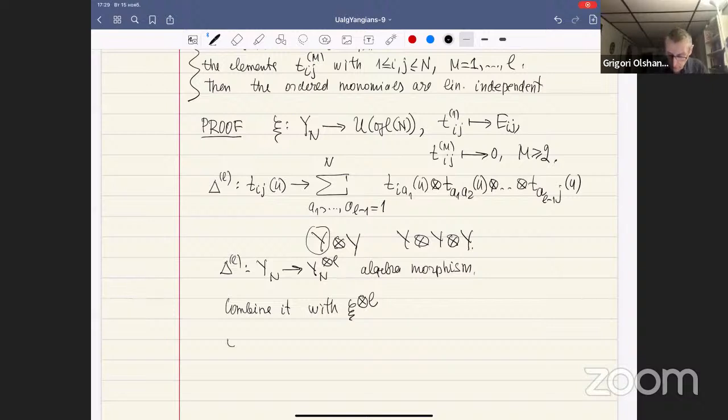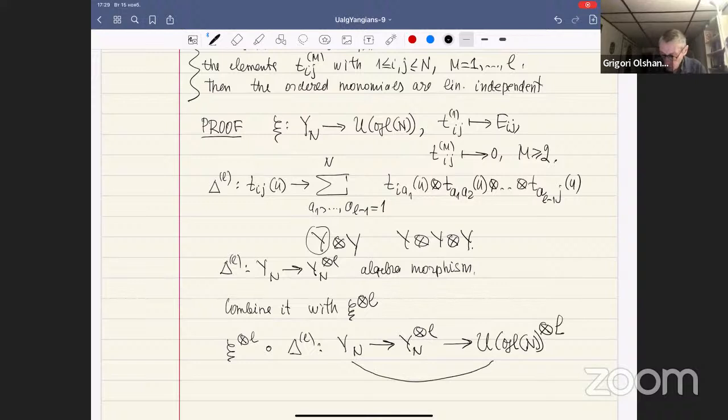So we get the combined map, which goes first to these copies and next to this, so we get the composition, which is an algebra homomorphism.